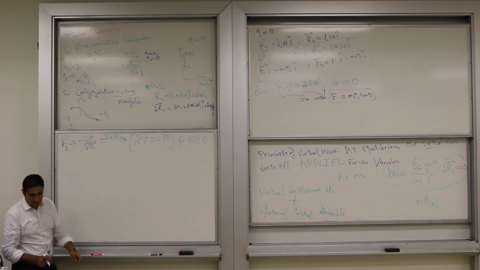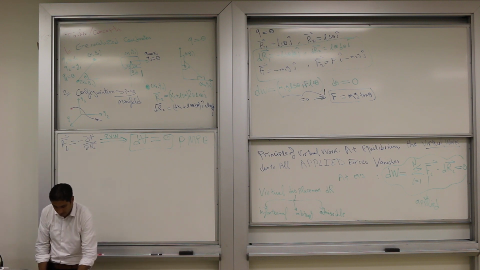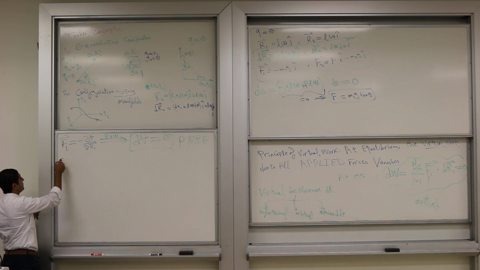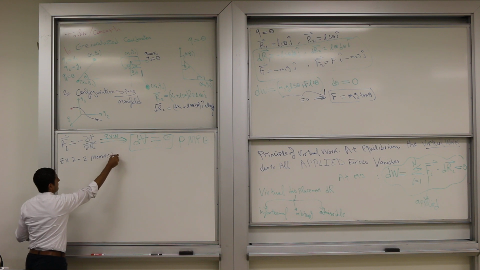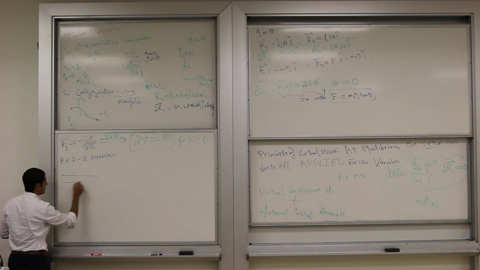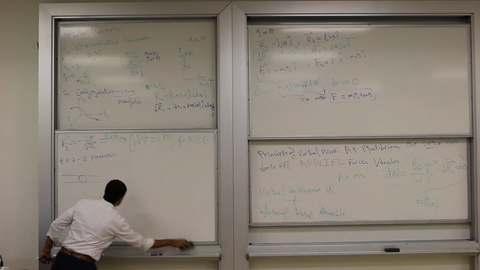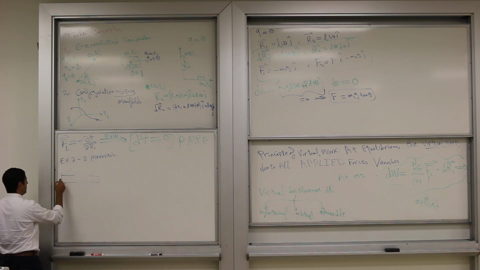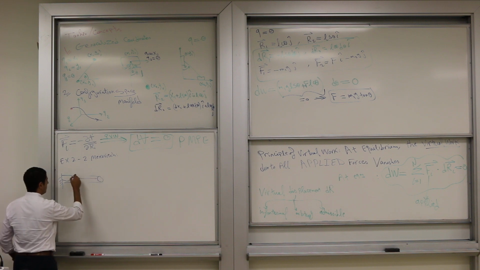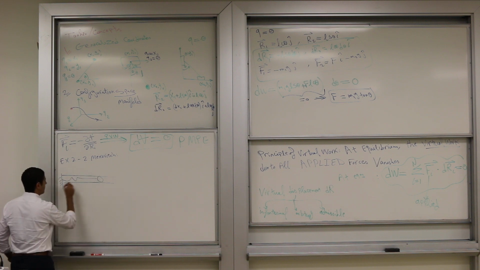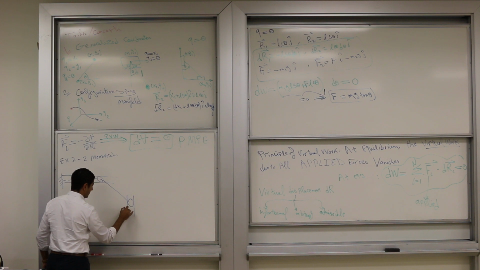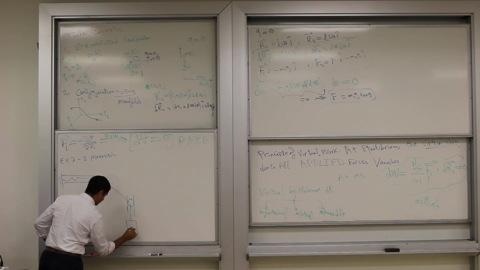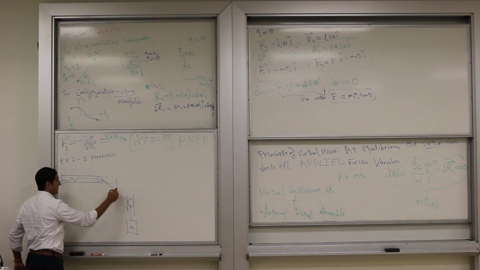Let's consider this problem. This is example 2.2 from Meirovitch. There is a spring here, and there is a rod over there, and this rod has some mass, M. This angle is theta.